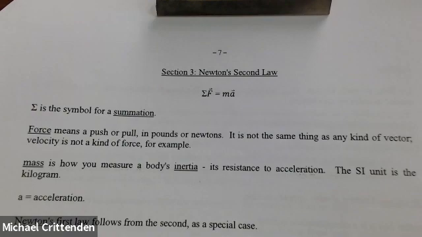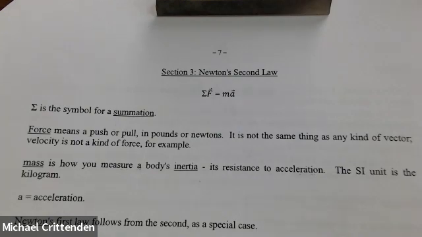So experience has been for a long, long time that however much force you apply to something is proportional to that object's acceleration. Twice the force, twice the acceleration. 5 times the force, 5 times the acceleration.